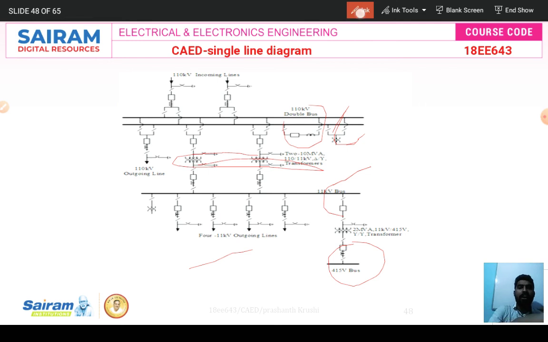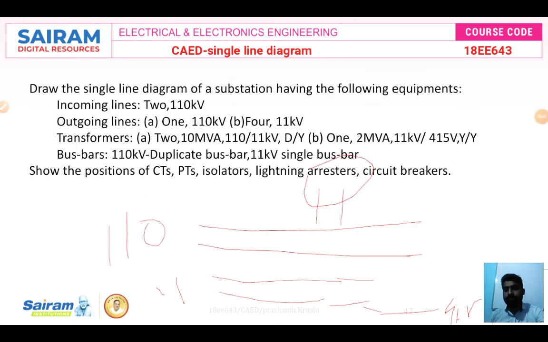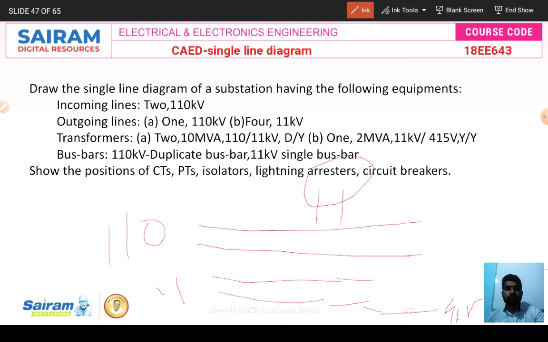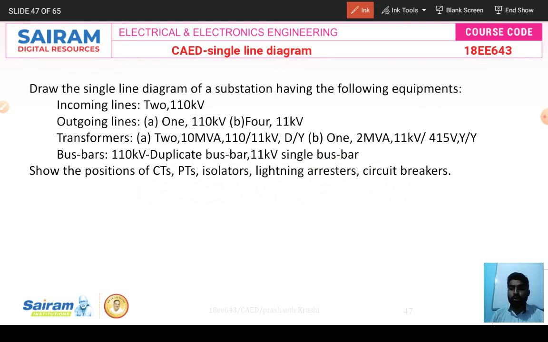Again, go to the problem. Don't buy out the concept. Here we have taken two incoming lines. And for outgoing lines, one from 110 kV and 4 from 11 kV.